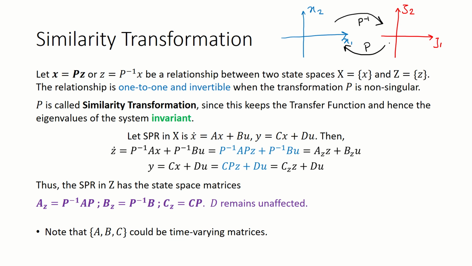And similarly, you take any vector from Z, you apply the transformation P, you will get a vector in X. Both are in the same R2 space. However, they are defined by these axis vectors which are very different. One is defined in terms of x1 and x2, another is defined in terms of z1 and z2. That is the difference, but both are in the R2 space only.